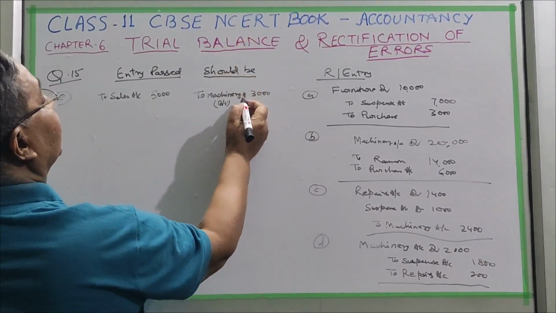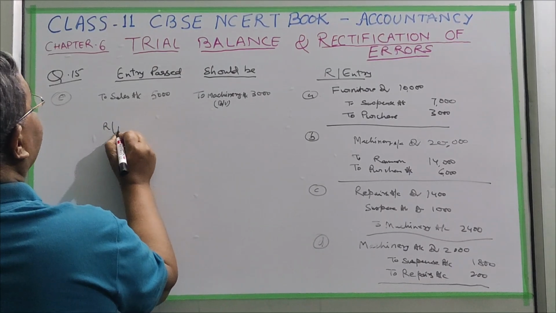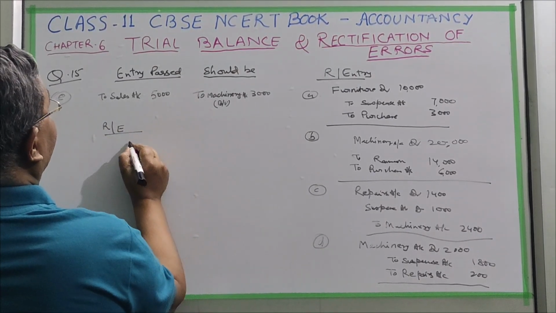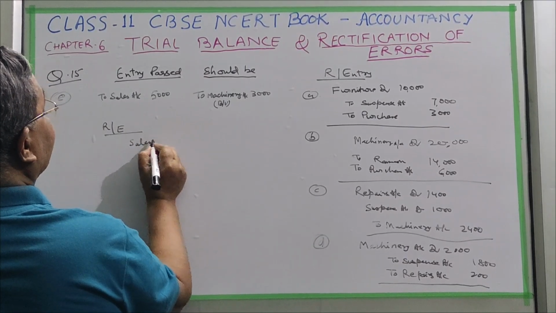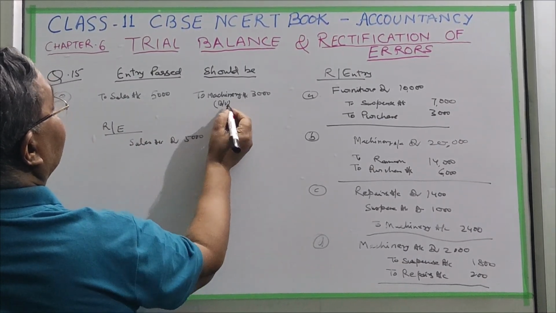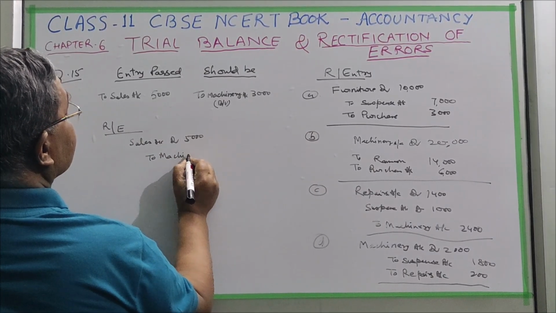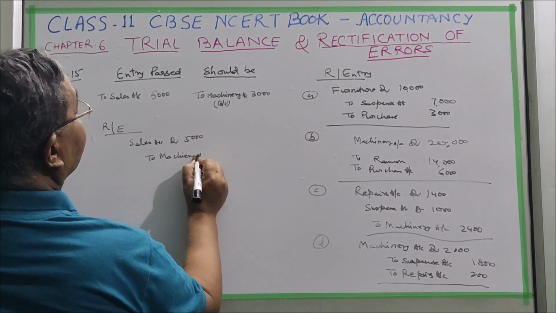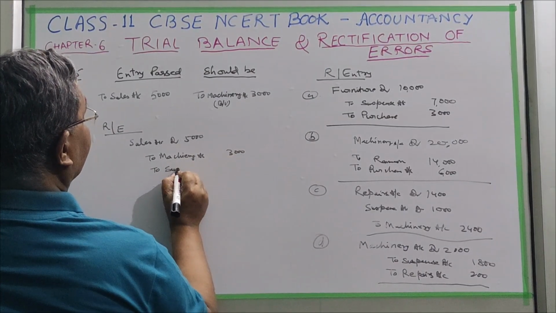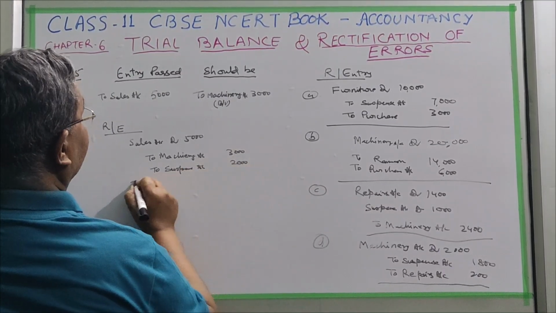Now the rectification entry: sales account was wrongly credited, so debit sales account 5,000. Credit machinery account 3,000 and suspense account 2,000, and this will be over.